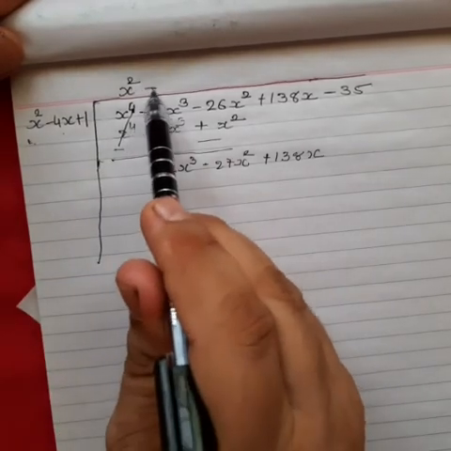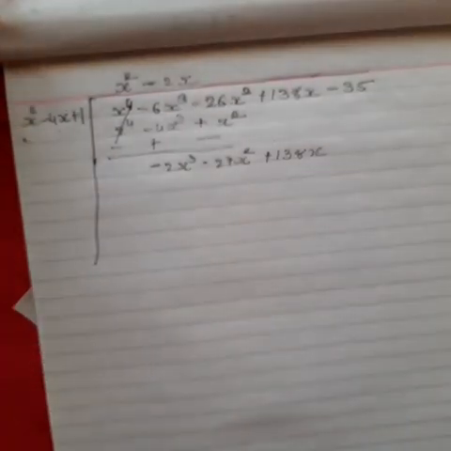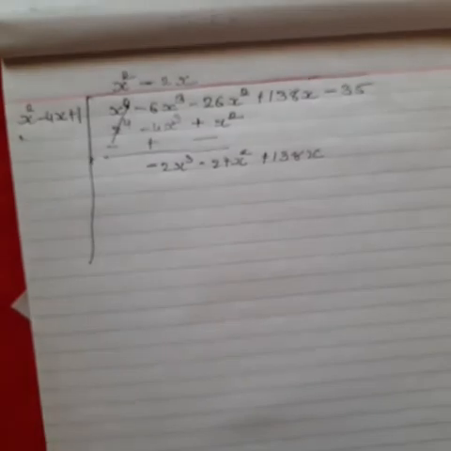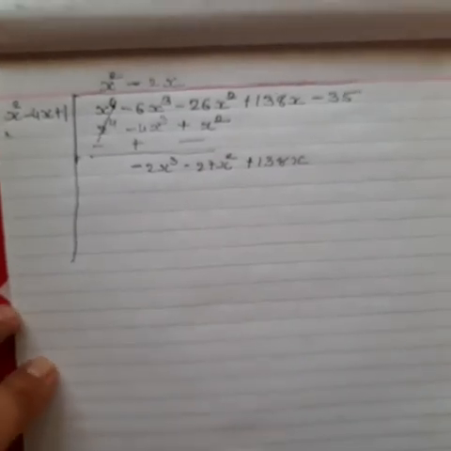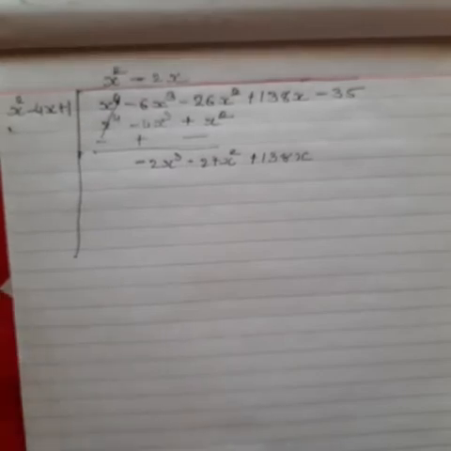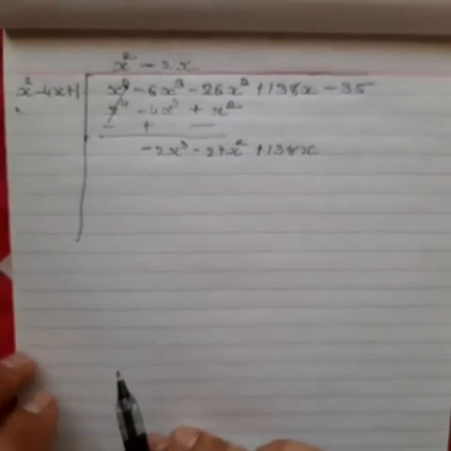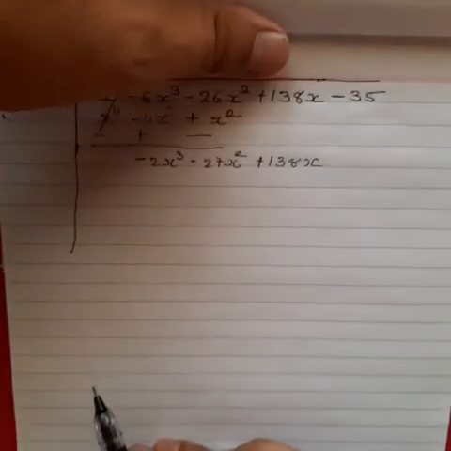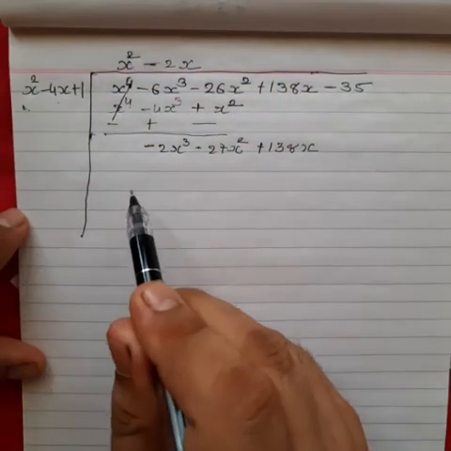So multiply it with minus 2x. Okay, so if you do so, what do you get?